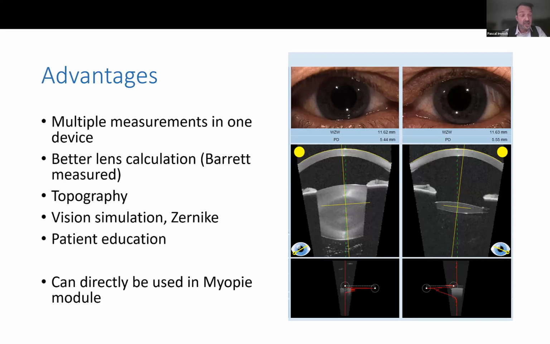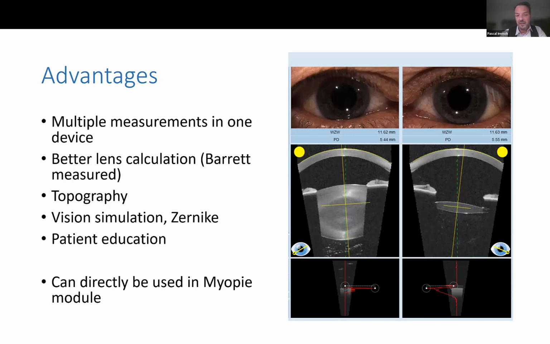So the easy thing is you have really multiple measurements in one go. Because you have a better tomography with the posterior surface, you have better lens calculation features. You have, for example, the Barrett measured formula that you can use.